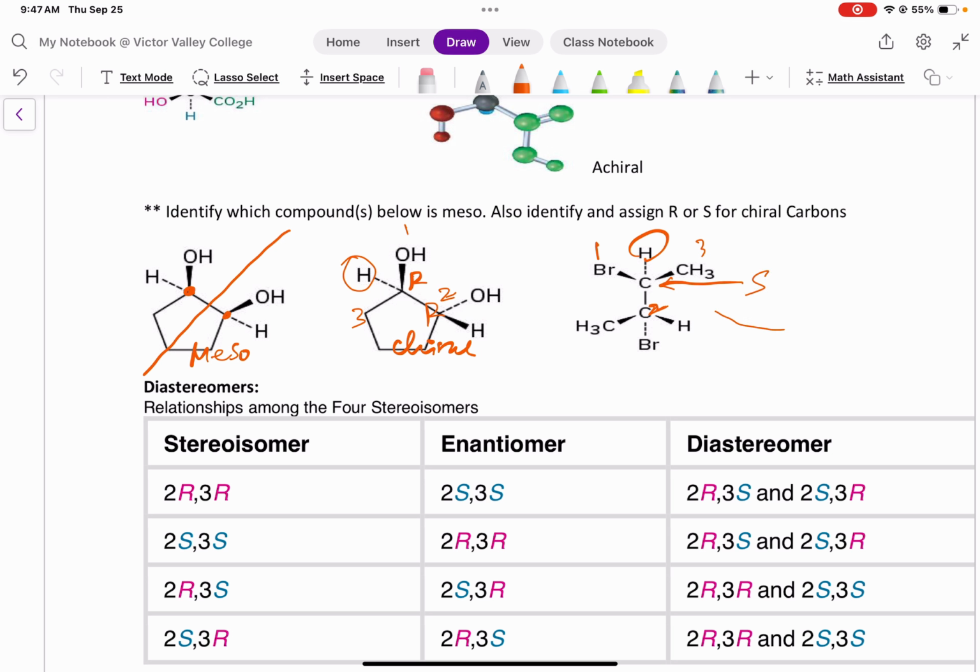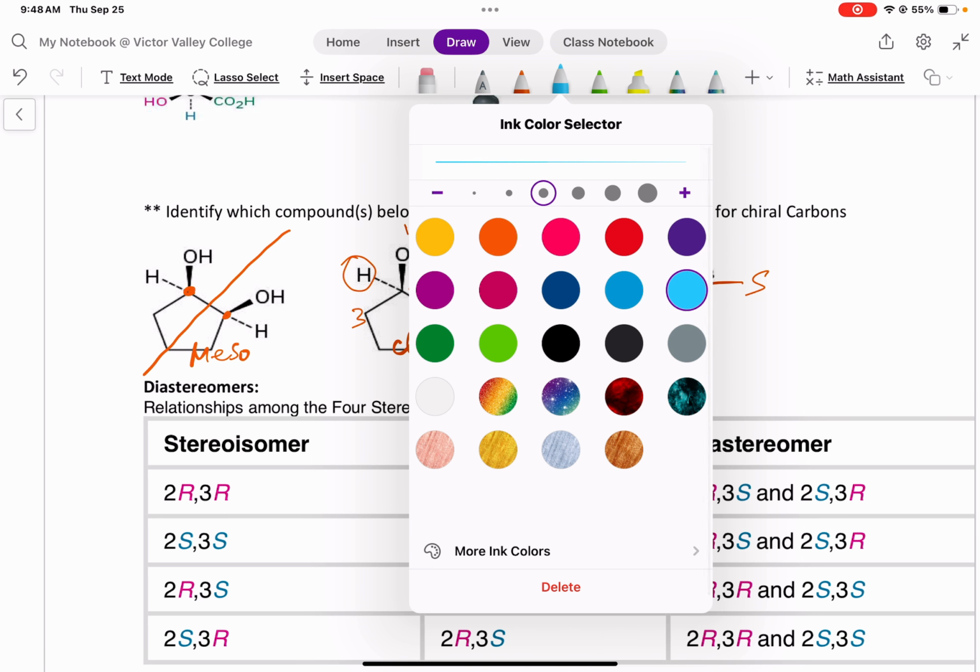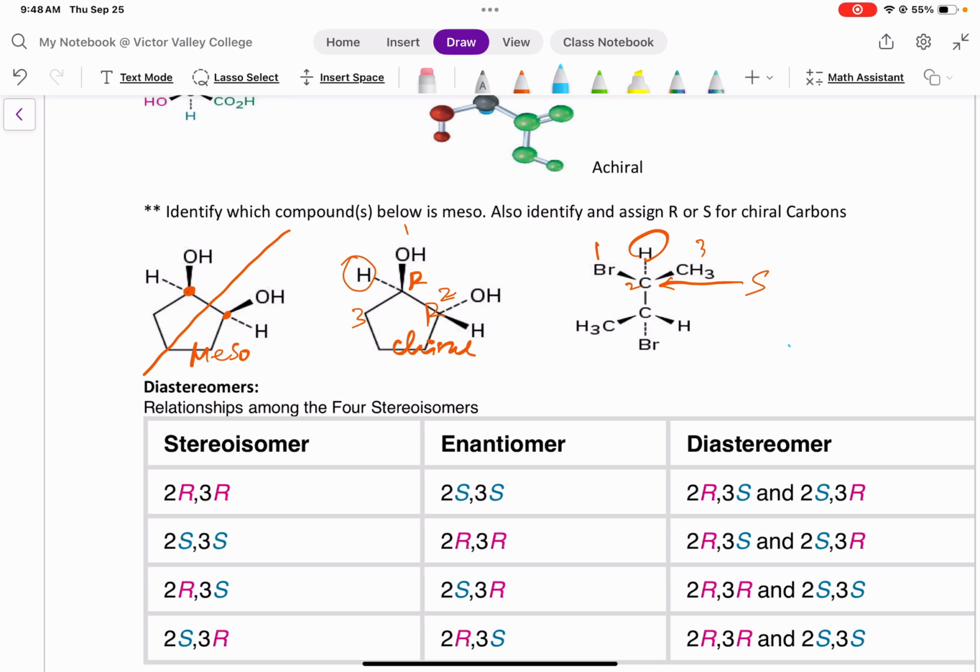And then this carbon right here has a hydrogen. Remember, it's towards the viewer. So we got to be careful. Towards the viewer. All right, so that's 1, 2. Okay, this one right here. 1, 2, 3, hydrogen 4.